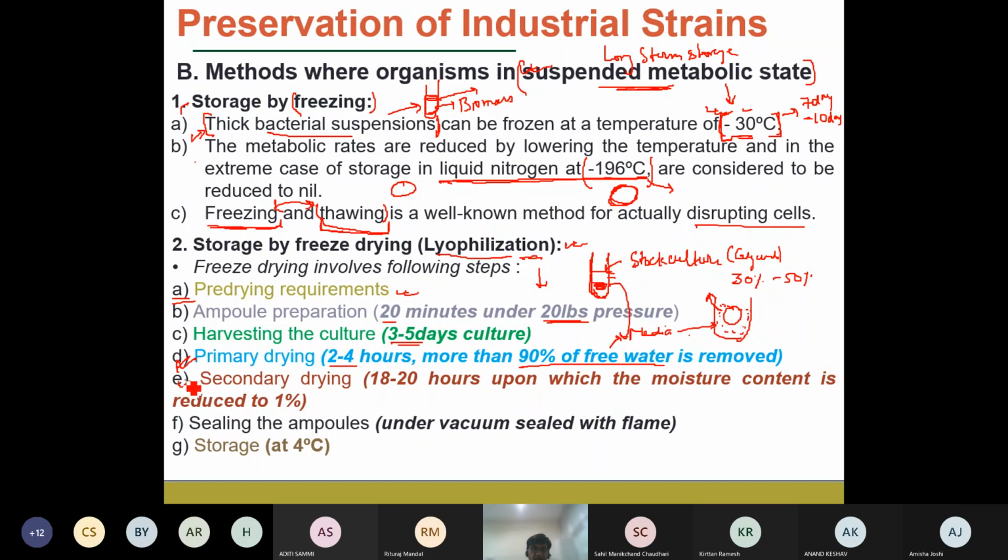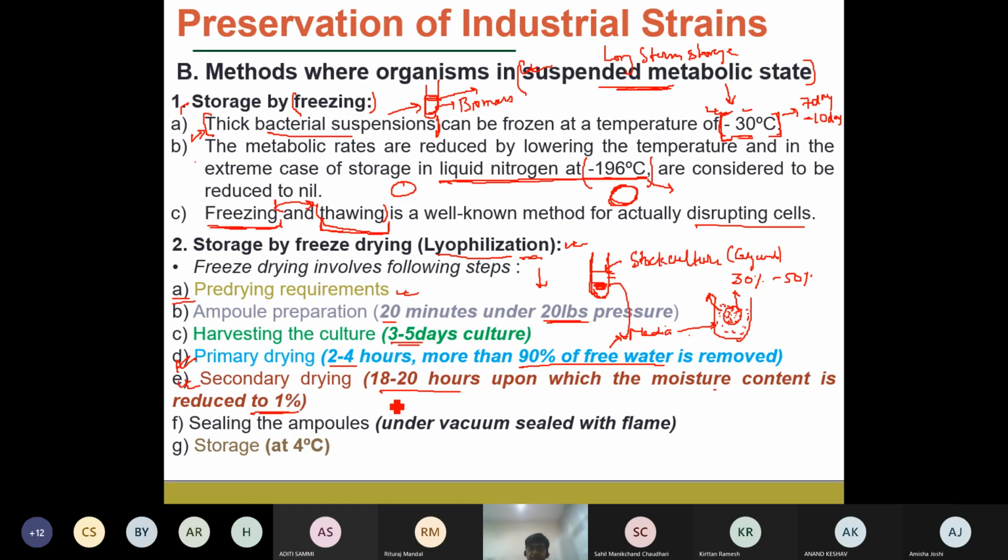And the secondary drying takes almost 18 to 20 hours, depending upon the moisture content. The water that is present inside the cells is taken out, and the water is supposed to reduce to below 1%.